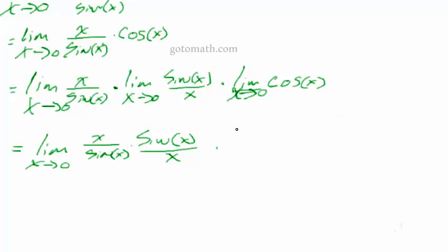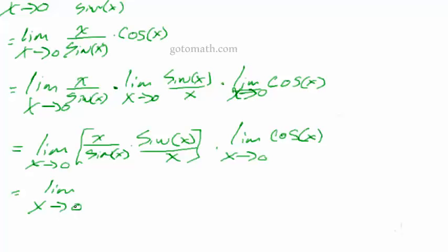And then of course I'm just going to go ahead and rewrite this one, and we're just leaving this cosine x out. Right? Well, what does this end up becoming? It becomes 1. Right? So we end up with the limit as x approaches 0 of 1 times the limit as x approaches 0 of cosine x.